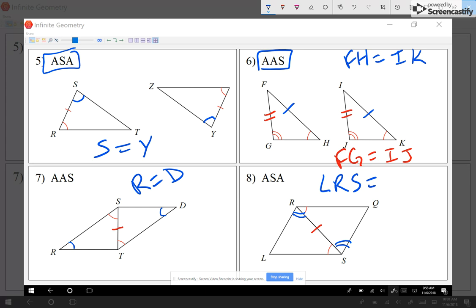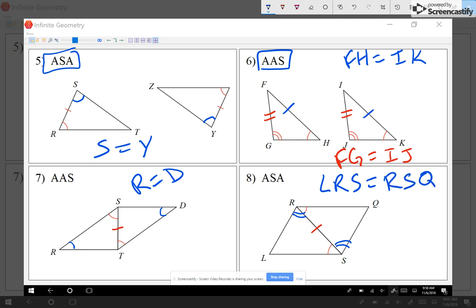Now, how do you call the other angle that I need? Make sure the vertex is in the center. SRQ, not quite. QRS, not quite. Remember, the vertex has to be in the middle. RSQ. Okay, good. RSQ.